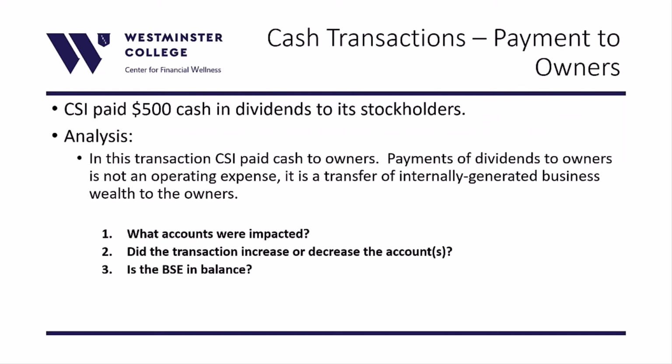It's a transfer of internally generated wealth to the owners. So in other words, the company does not have to pay dividends to stay in business. So it's a little bit maybe hard to understand, but this isn't an operations type. They're just transferring wealth. And remember, it's wealth that the company has generated.